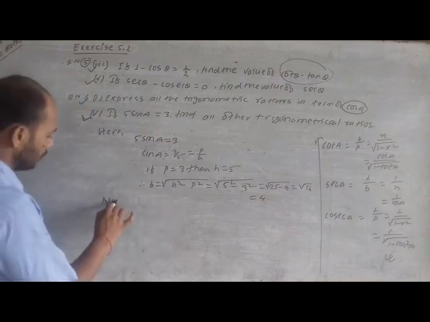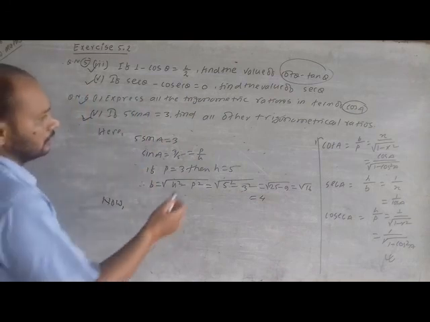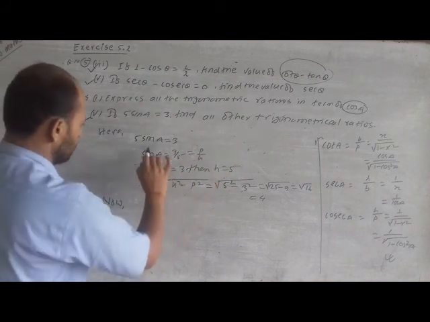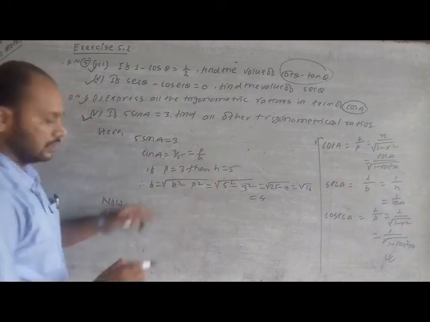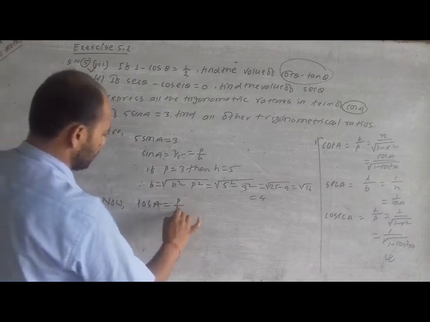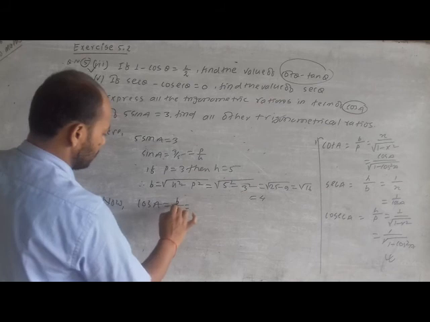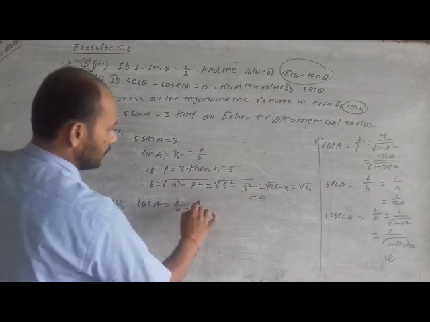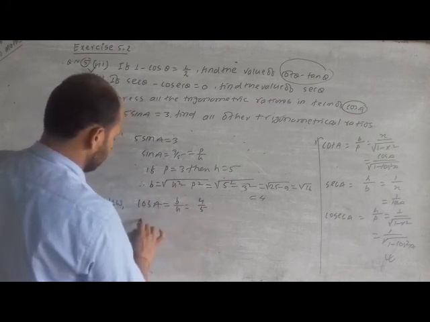And now your question says find all the trigonometric ratios except sin, which is already given, so you start from cos. So cos A is equal to b by h. So what is the value of b? b is 4, so 4 by 5.